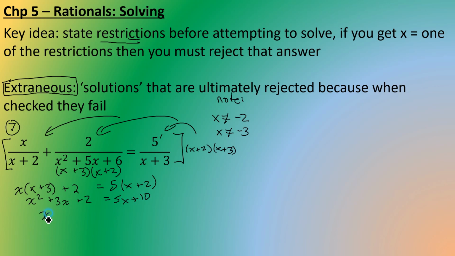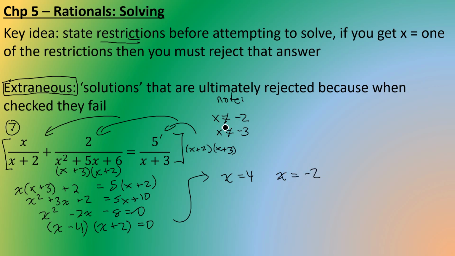And get everything to one side, I have x squared minus 2x minus 8. That factors to x minus 4, x plus 2. Remember, when we have a quadratic or a polynomial, we get everything to one side. And then just continuing that, that means x is 4 and x is negative 2.